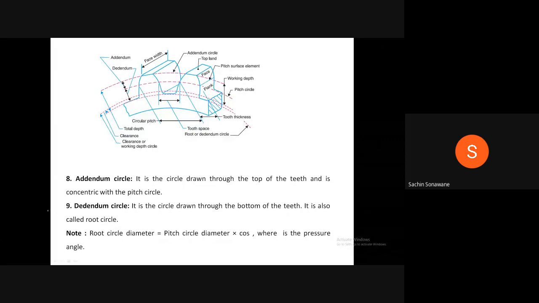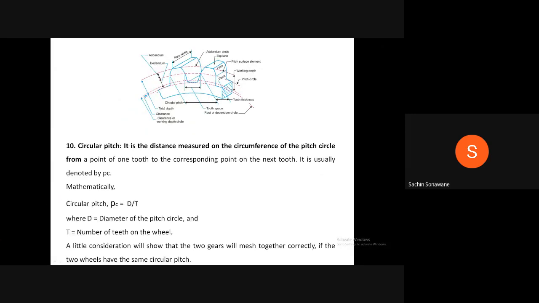Next, circular pitch. It is the distance measured on the circumference of the pitch circle from a point of one tooth to the corresponding point on the next tooth. It is usually denoted by the letter PC.